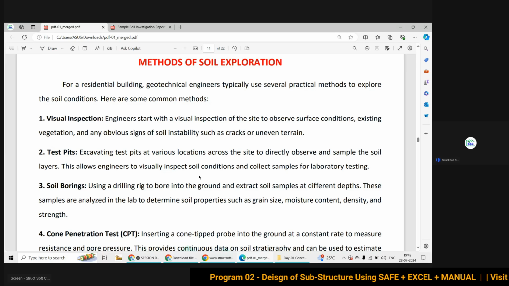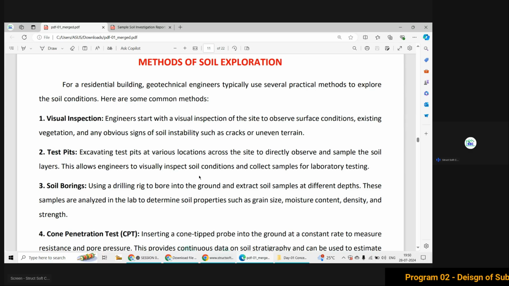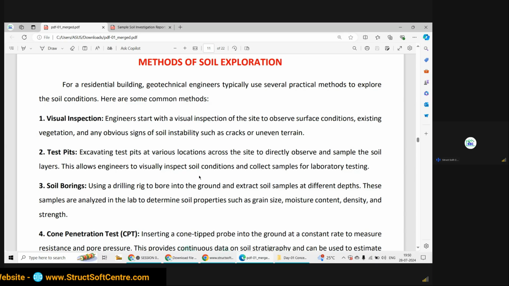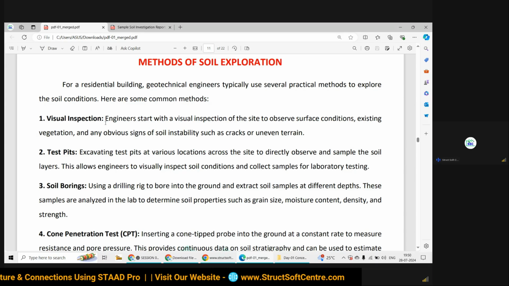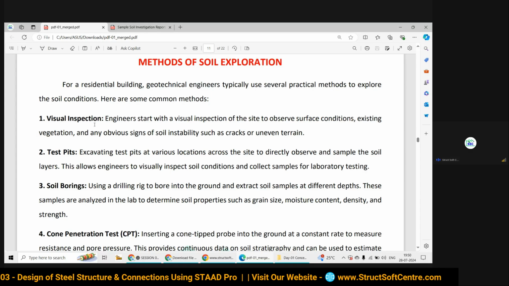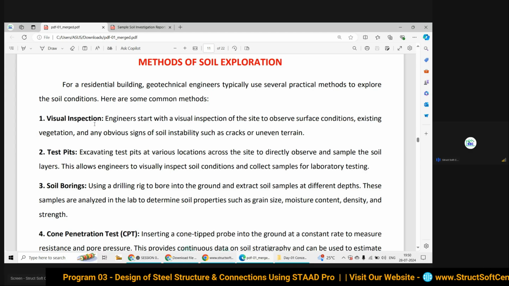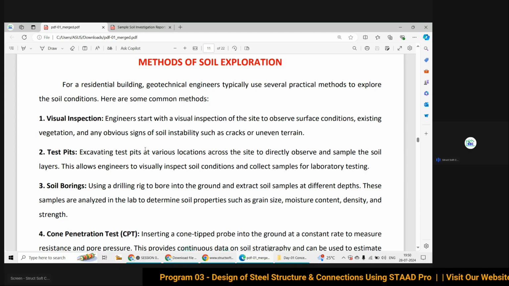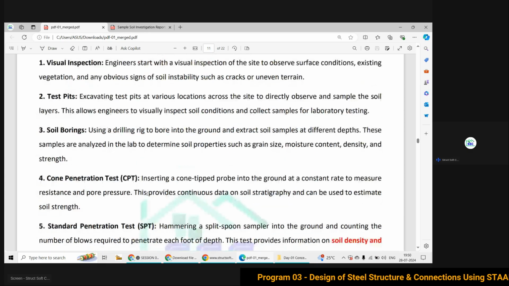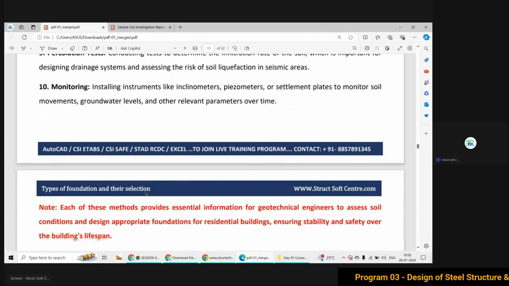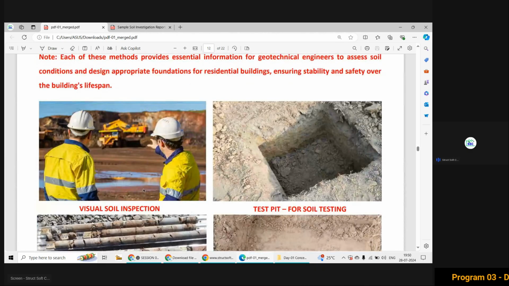So, my dear friends, there are many methods actually available. There are a lot of theories and things needed to understand, but we are trying to discuss some important things that are required for our study. So, the very first thing that the geotechnical engineer is going to adopt for every project is visual inspection. It's quite obvious. If you are assigned to any project, what you will do is a visual inspection.